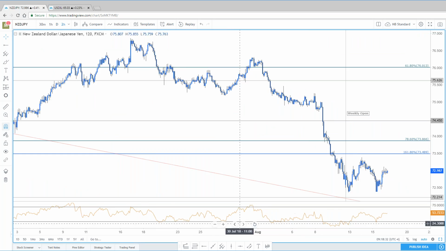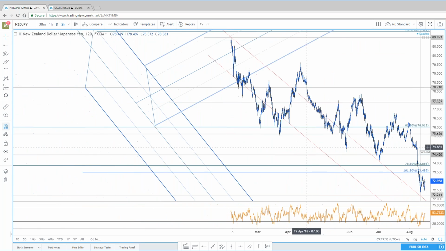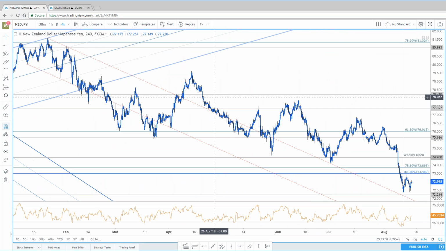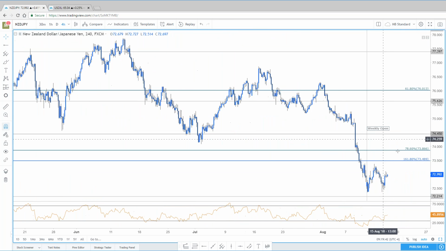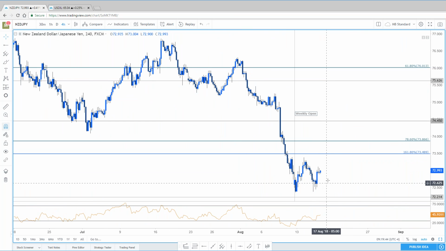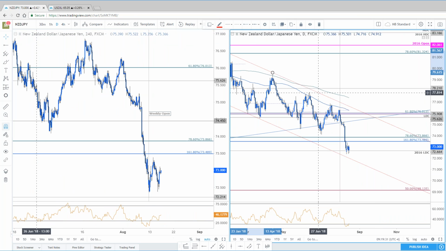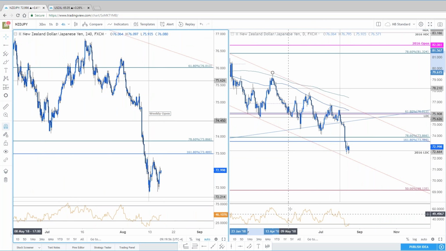Let's see what price action says near term. There's not much for me here on an intraday level. Put a gun to my head, I would say look for a little bit of a rebound.